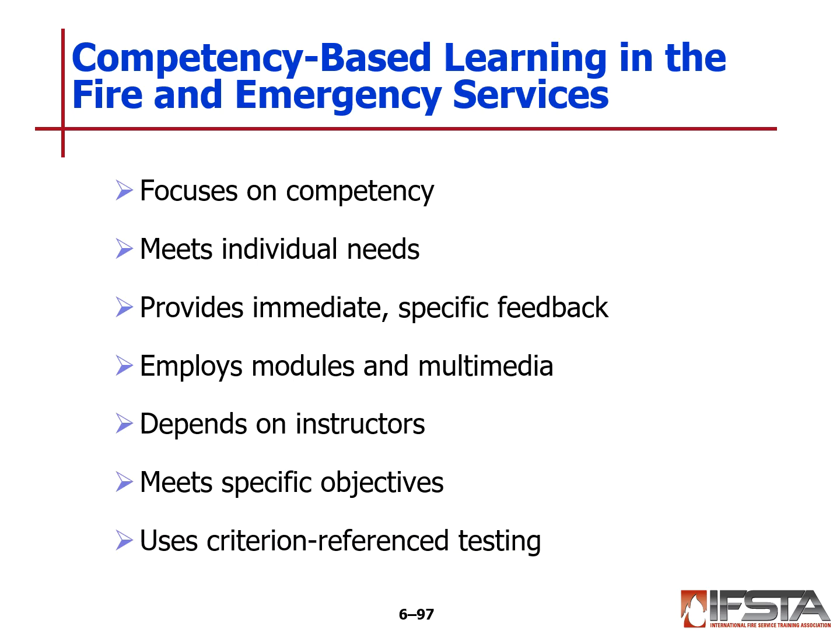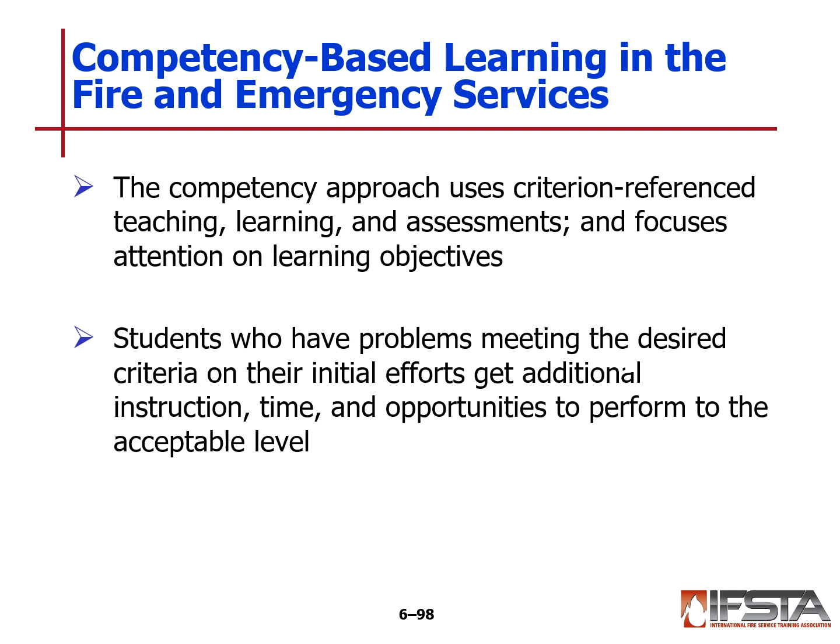Success is based solely on a pre-designated level of competency, usually 70 to 100%. The competency approach uses criterion reference teaching, learning, and assessments and focuses attention on learning objectives. Students who have problems meeting the desired criteria on their initial efforts get additional instruction, time, and opportunities to perform to the acceptable level.